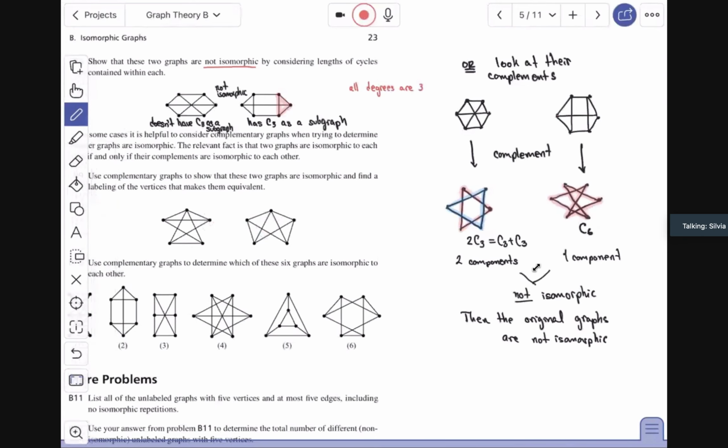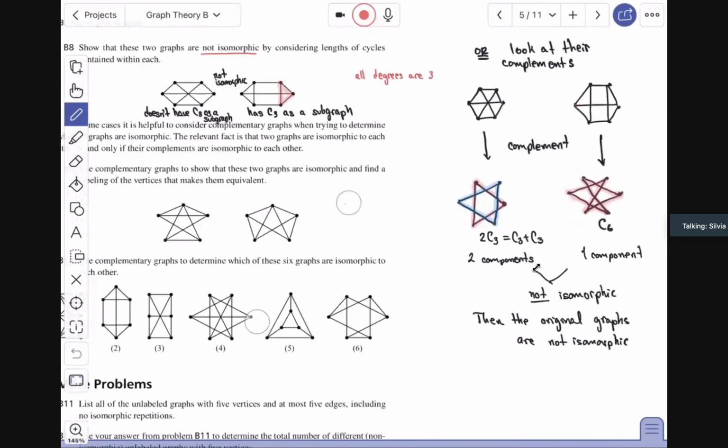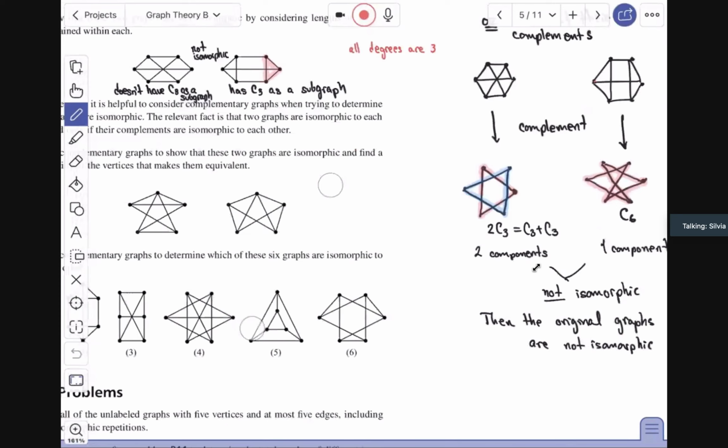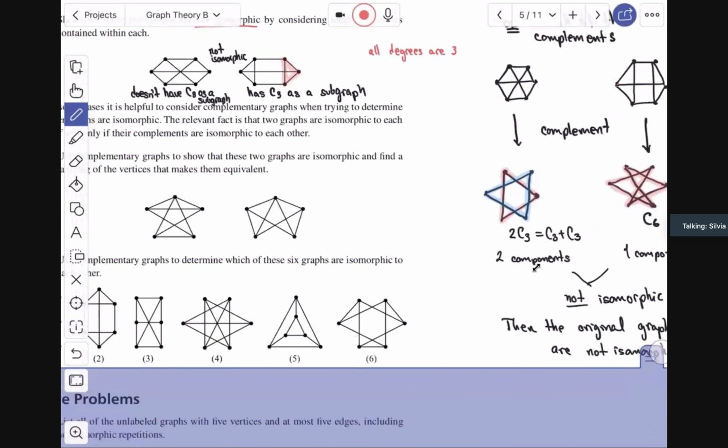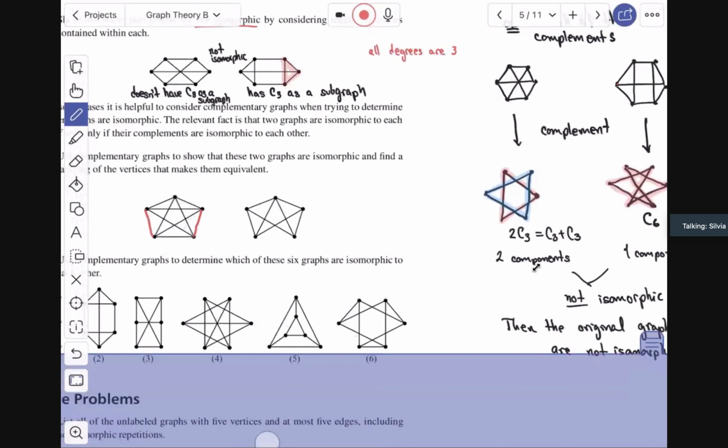So if I look at the complements, and this time actually I'm going to draw them right here. You see the complement of this one is these two edges. And the complement of that one is this and this. Are the complements isomorphic? Yeah, I also have that vertex. Yes. Same number of vertices and same number of edges.